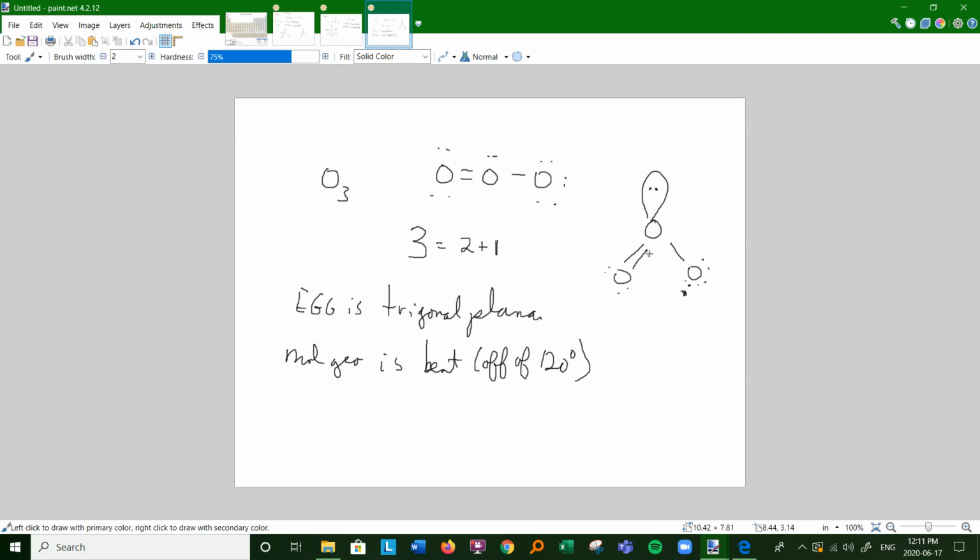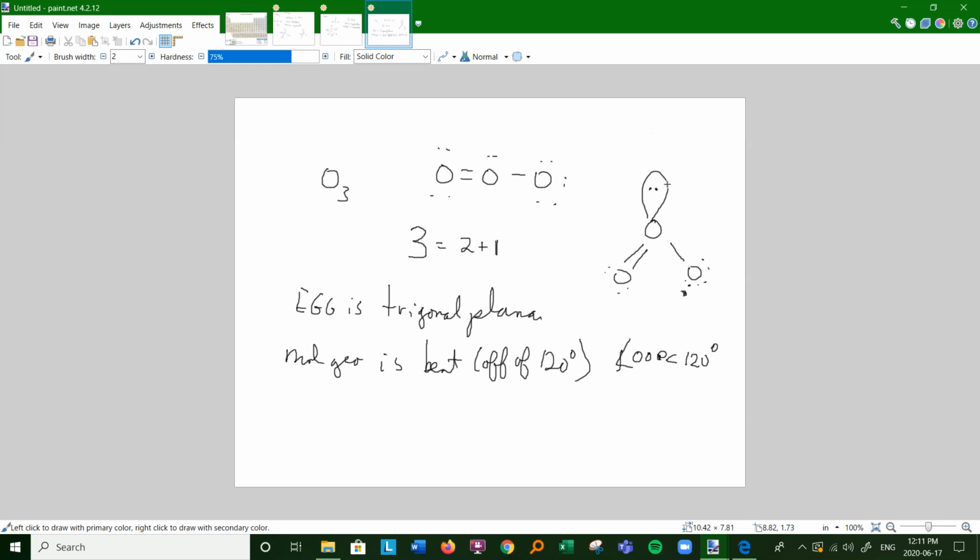Now, in fact, the lone pair squeezes the angles in together, so the bond angle O is actually slightly less than 120 degrees. Lone pairs are more diffuse because there's no atom narrowing them out at the top, so they take up more space, so they push together the bond pairs more dramatically.